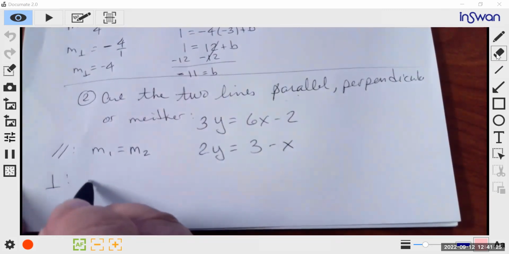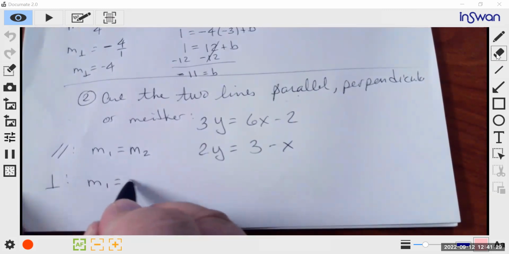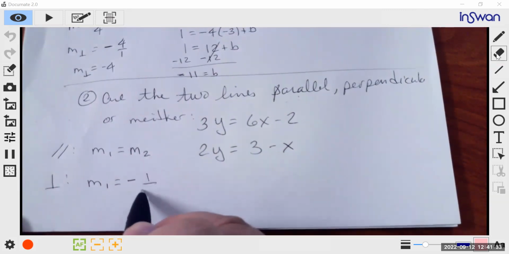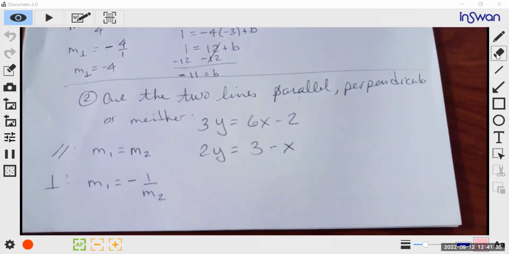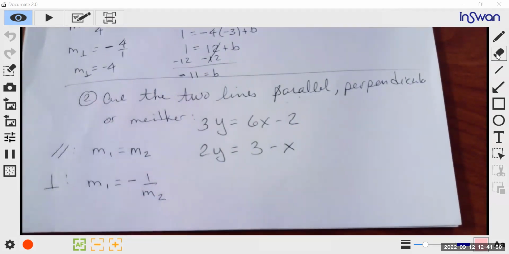If they're perpendicular, the slopes have to have opposite signs. One's positive, the other one's negative, and they have to be reciprocals of each other. So the only way you can determine whether it's parallel or perpendicular is to look at their slopes.